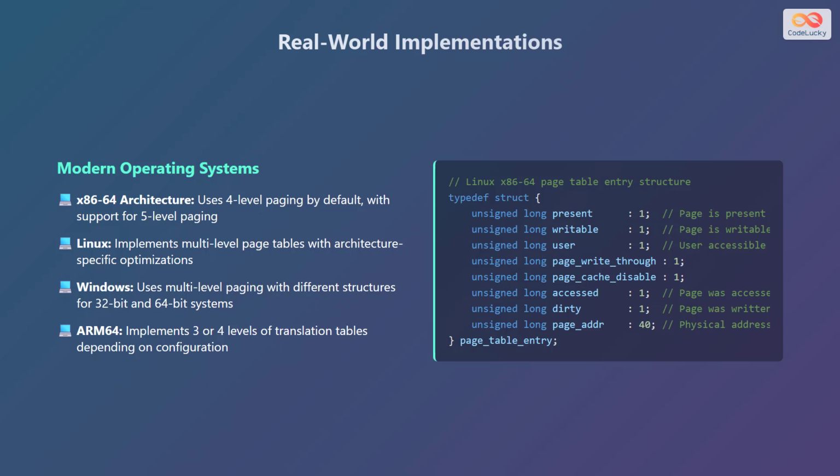ARM64 implements 3 or 4 levels of translation tables, depending on the configuration. The code snippet shows the Linux x86-64 page table entry structure, which contains fields like present, writable, user access, accessed, dirty, and the physical address, controlling various aspects of memory management.